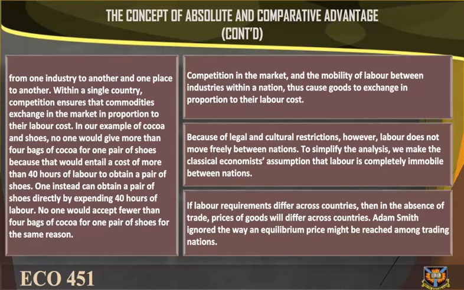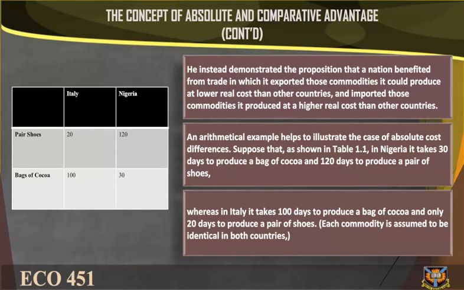Adam Smith ignored the way an equilibrium price might be reached among trading nations. He instead demonstrated the proposition that a nation benefited from trade in which it exported those commodities it could produce at lower real cost than other countries and imported those commodities it produced at a higher real cost than other countries.